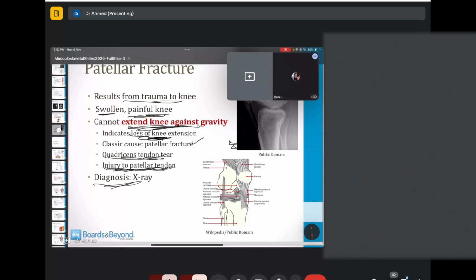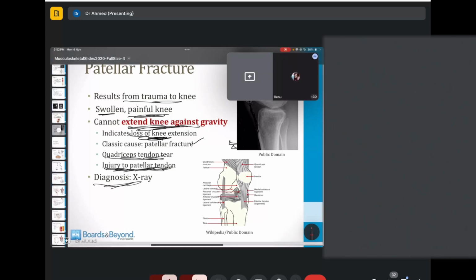The supraspinatus muscle initiates abduction from 0 to 15 degrees, and for its assessment we use the empty can test and the full can test.